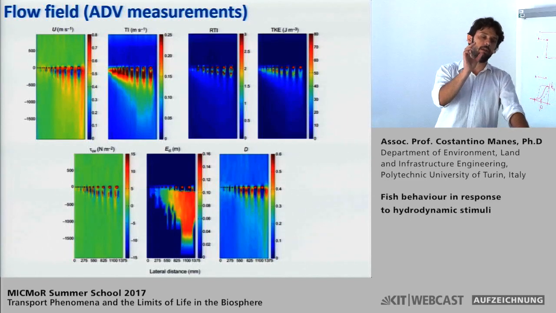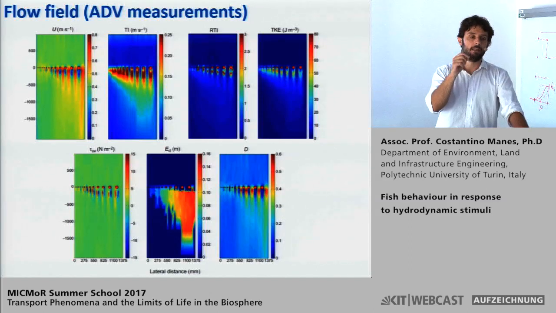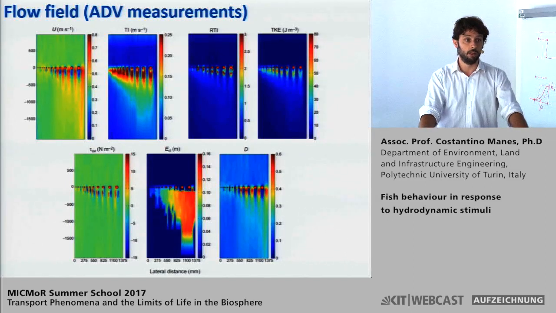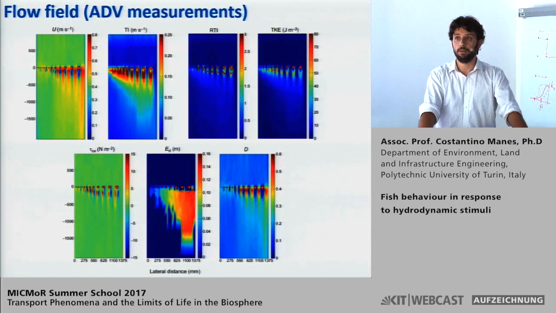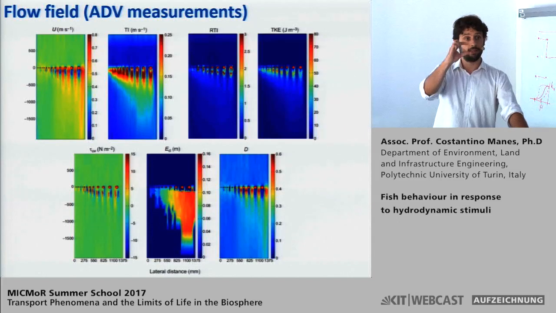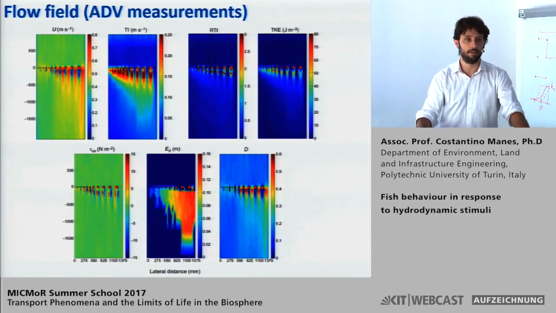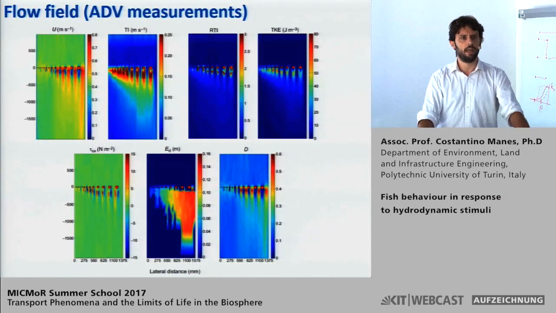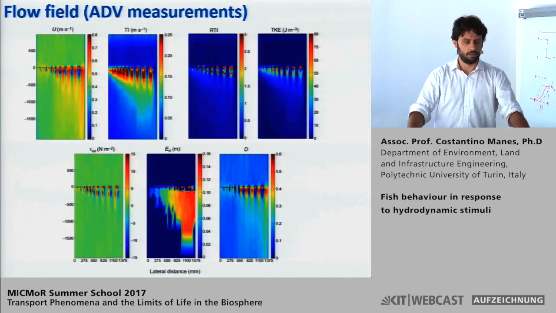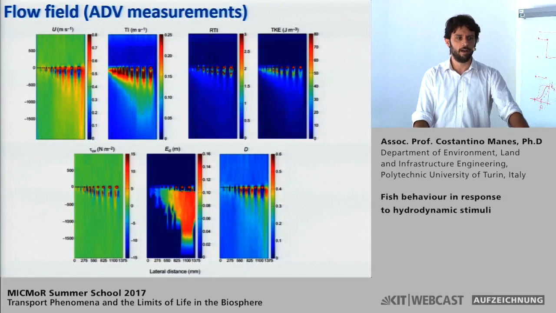ADV allows us to make one-point measurements by sampling time series of velocities in all three components of the velocity vector. Frequencies vary between 50 and 100 hertz, but that doesn't really matter because the sampling volume is fairly large, so the measurements are filtered. But ADVs are okay to measure the bulk properties of the flow, up to the second-order statistics. I think we are fine.